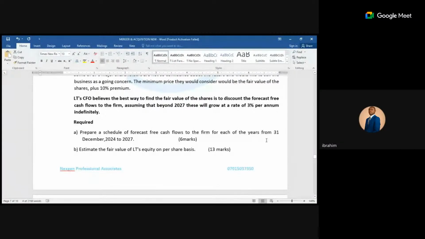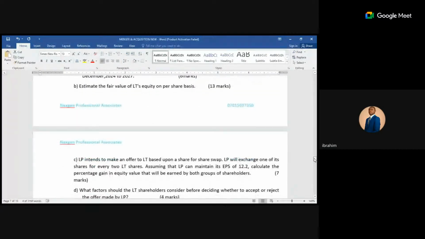This is very important. And then there is the beyond, which is the 3%.